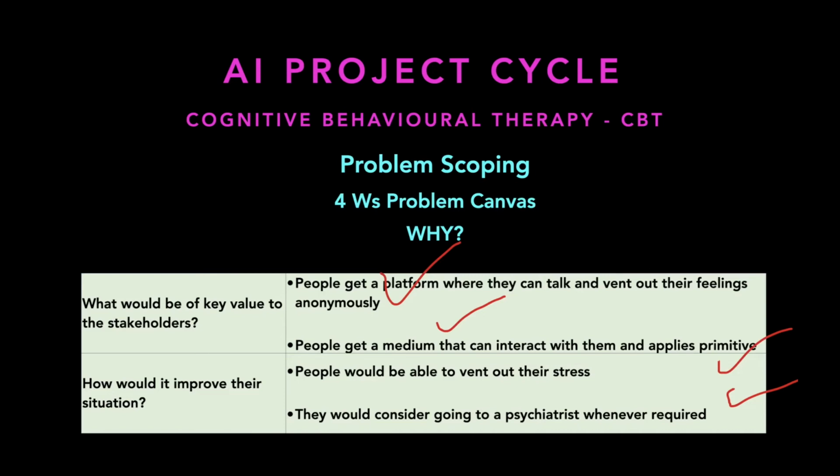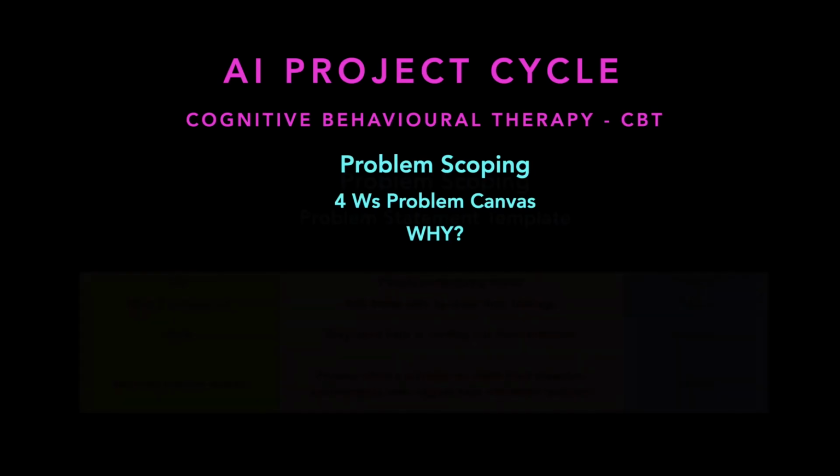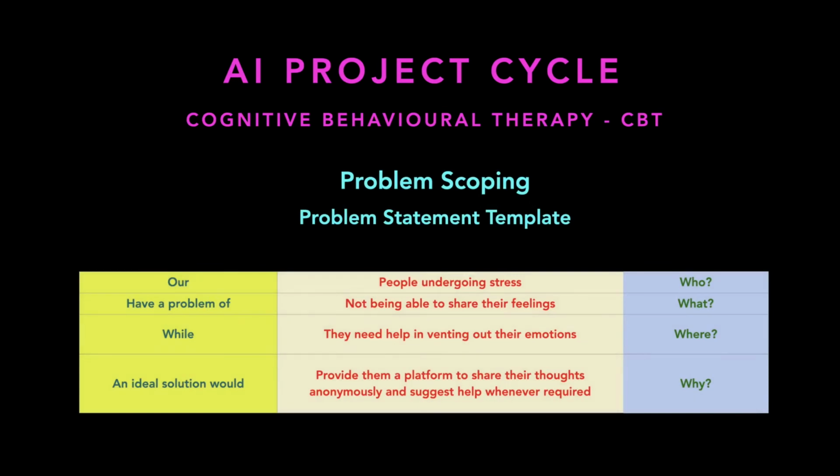So that covers our last point, and that covers our 4 W's of problem canvas: who, what, where and why. Now after doing these 4 W's, we are reaching the last part of problem scoping, that is the problem statement template.